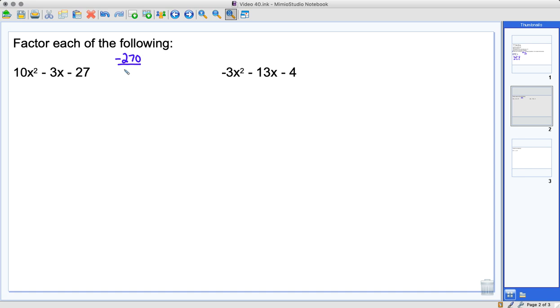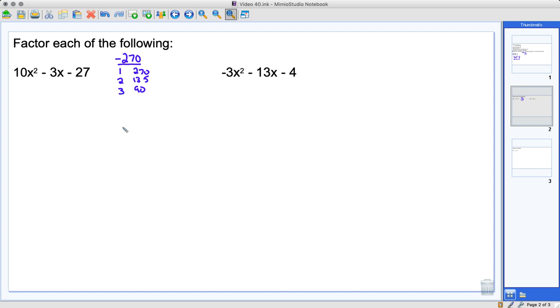So just factors of 270, so 1 and 270, 2 and 135, 3 and 90, 4, let's see, I don't think 4 goes into that. So, no, 4 doesn't work.